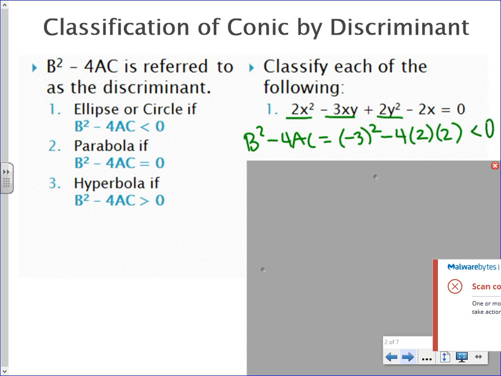So we know 9 minus 16 is going to be a negative number. Don't really care what it is, we just know that it's negative. And because it's negative, what do we have? We have an ellipse or a circle. We're not sure which one. We'll be able to tell once we rewrite our equation, but we don't know yet.